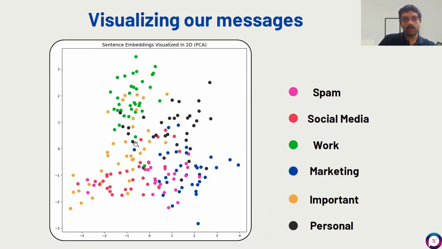The important emails show up here, in a way that they're similar to the work emails. And the personal emails, interestingly enough, some of them show up here, some of them are closer to the work or the important emails. So you see how these cluster in a very interesting way. It makes sense, right? So now you could use a clustering algorithm to try and classify your email, but of course, we're now going to try and train our neural network on this data.